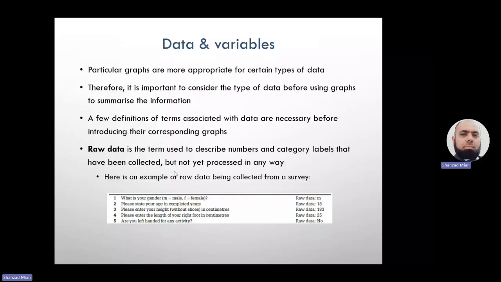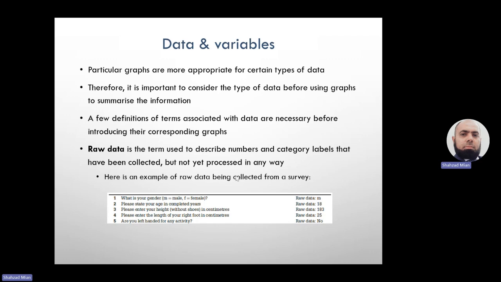The next thing we have to see is the definition of a variable itself. This term is used to describe the trait that is being measured. Variables may differ from one observation to another. So what are some variables from the previous data?